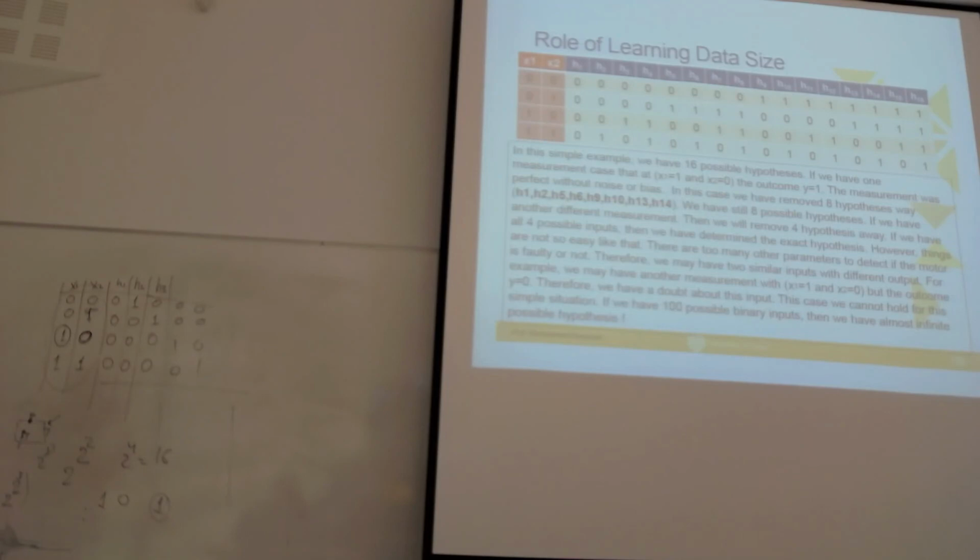If we have another measurement, then we can reduce from 8 to 4. If we have another measurement, we reduce from 4 to 2. So as we increase the training data or measurement data, we can reduce the size of the hypothesis space until we reach a certain hypothesis.